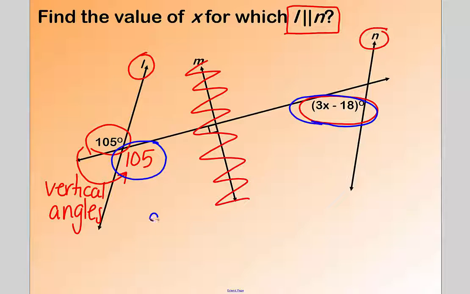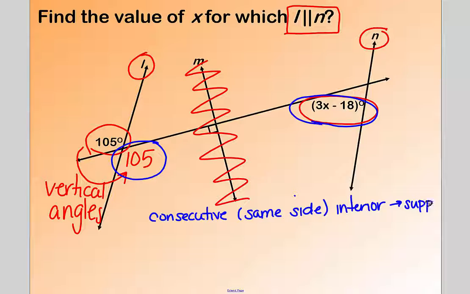Those are consecutive or same side interior angles, which means that they are supplementary. So I'll set up the equation 105 plus 3x minus 18 equals 180.